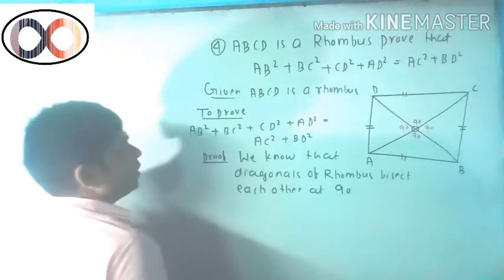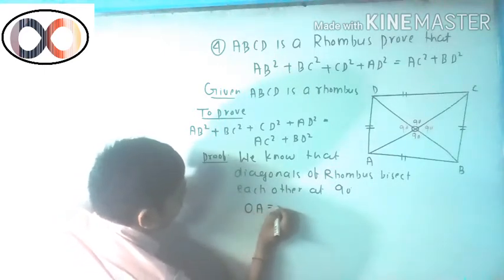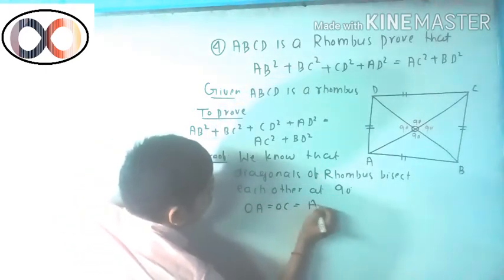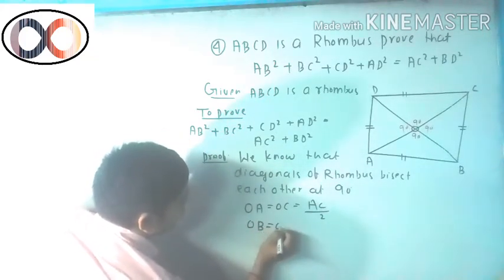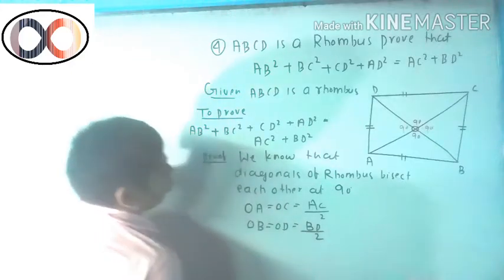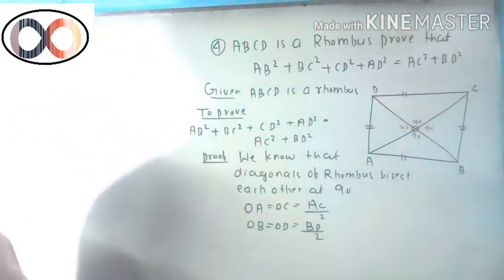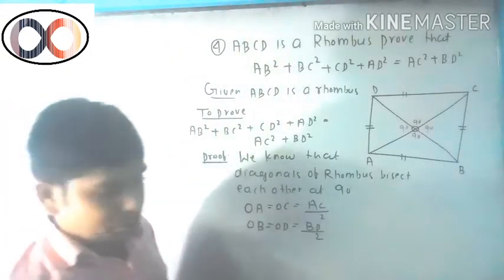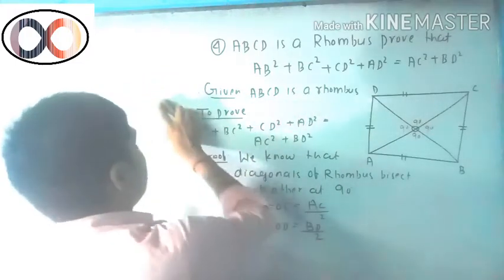So we can write OA equals OC equals AC by 2, and OB equals OD equals BD by 2. And AB equals BC equals CD equals AD, all sides are equal.